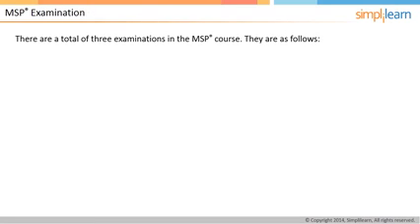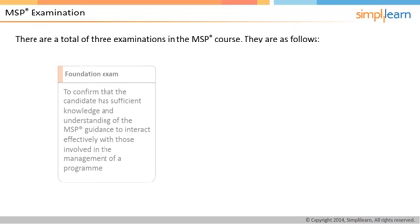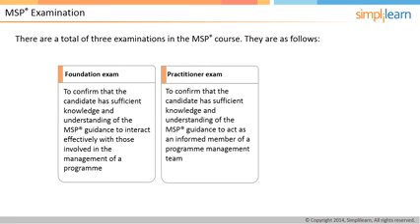There are 3 levels of examinations in the MSP course. They are as follows. Foundation exam. The aim of the foundation exam is to confirm that the candidate has sufficient knowledge and understanding of the MSP guidance to interact effectively with those involved in the management of a program. Practitioner exam.